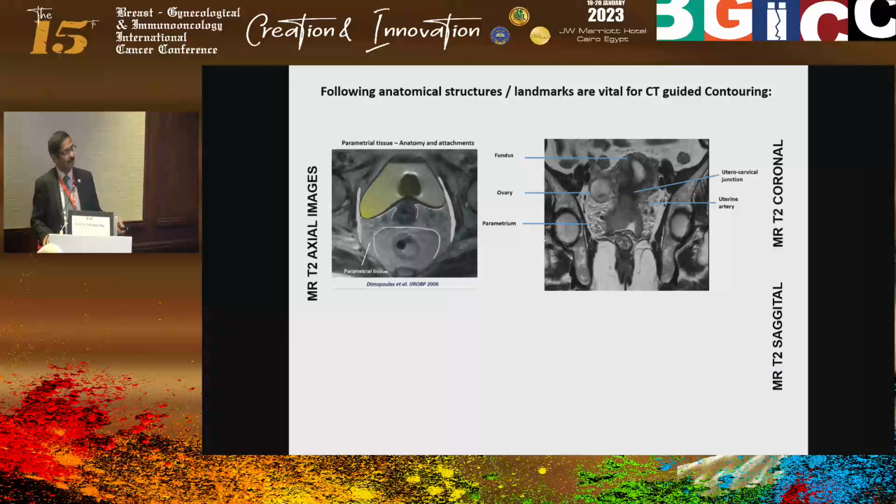The same, if you see on coronal section, that's the uterus, and if you see the parametrial tissue, seen from the paracervical region going laterally, and if you see carefully, now this is not working, it's tired.